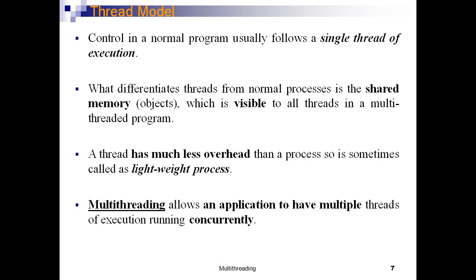But if, without assistants, the electrician tries to do the entire work, then he may feel it as a heavyweight process, because he has to perform a lot of work. But because of the assistants, he will feel the entire task as somewhat lightweight. So in the same way, a thread has much less overhead than the process, so it is sometimes called a lightweight process.